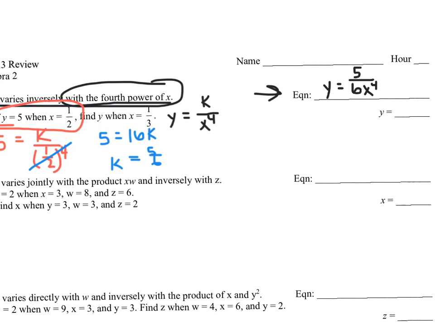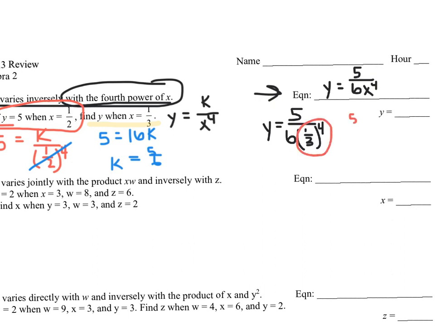So then I'm going to solve for y. Right here it is find y when x is 1/3. I'm going to plug in 1/3 for x. So it's going to be y equals 5 over 16 times 1/3 to the fourth. So order of operations, I'm going to do 1/3 to the fourth.